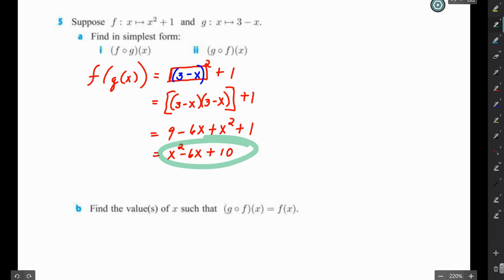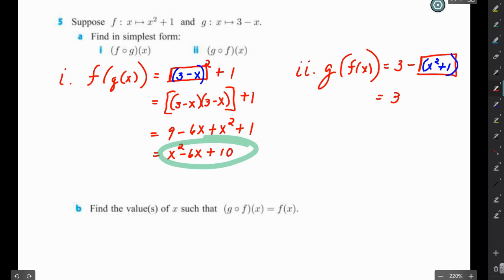And we're going to do g of f of x. I'm going to put it in standard form. Okay, that's double I.